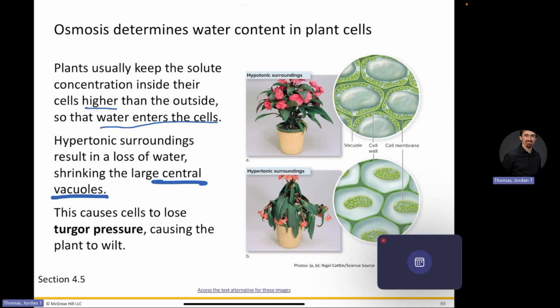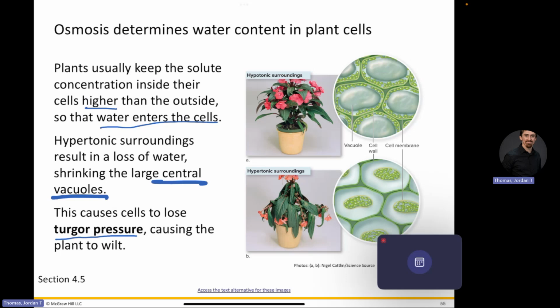Remember, the vacuole is that organelle within the plant cells that likes to retain water, it helps with digestion and so forth. So when there's a hypertonic solution, water is lost, shrinking that central vacuole. This causes cells to lose what's called turgor pressure, which again helps with stability of the cell.